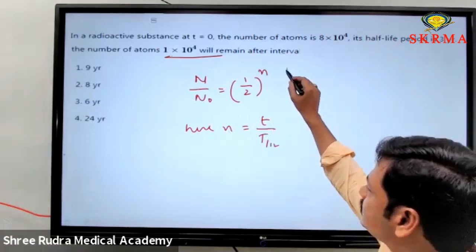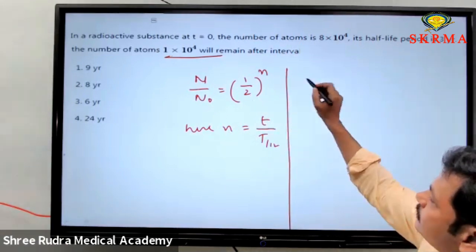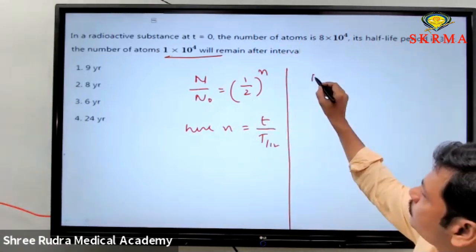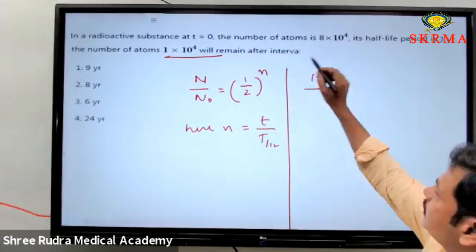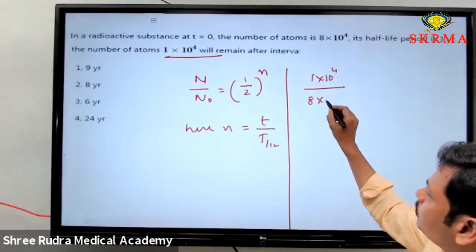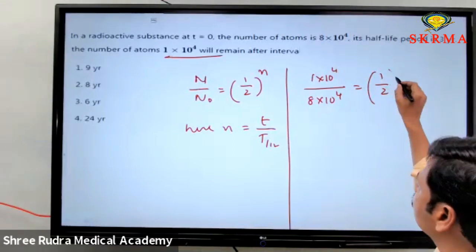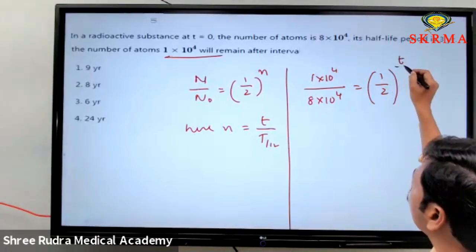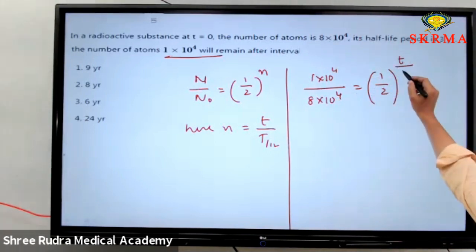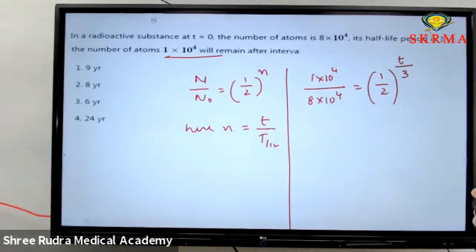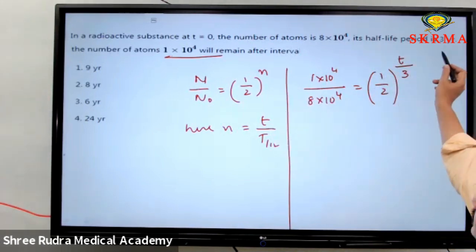If you write these values in this equation, N is 1 into 10 power 4, the left nuclei, and the initial number of nuclei is 8 into 10 power 4. That equals 1 by 2 whole power T by T half, and the half-life is given as 3 years.